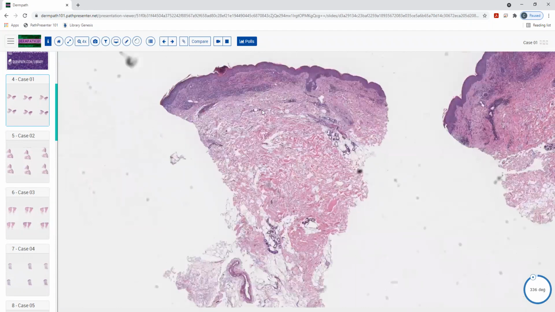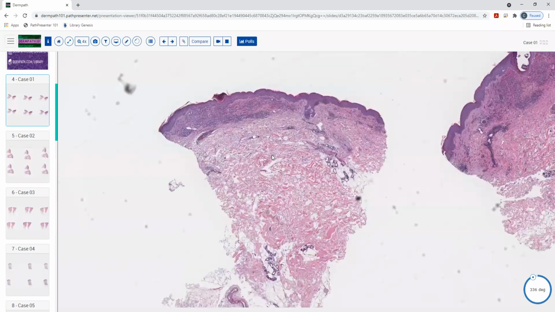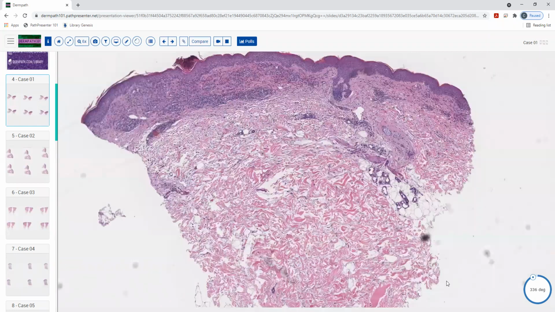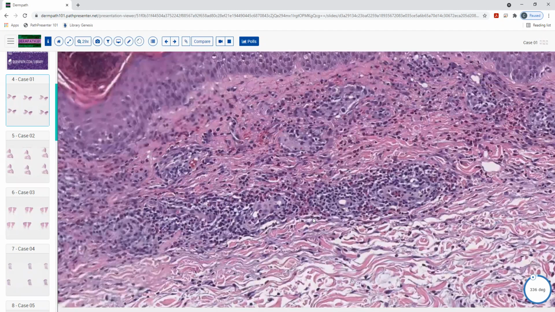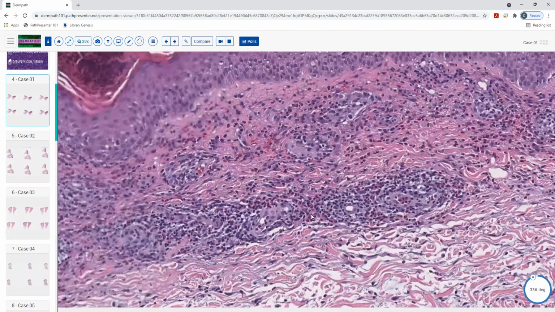So this looks like a punch biopsy, and it looks like an inflammatory process. You can see that diffuse inflammation in the dermis, composed of several types of cells: lymphocytes, neutrophils, eosinophils, and perhaps some histiocytes as well. And the main diagnostic feature, you can see in the epidermis, looks like an organism of sorts in the epidermis.